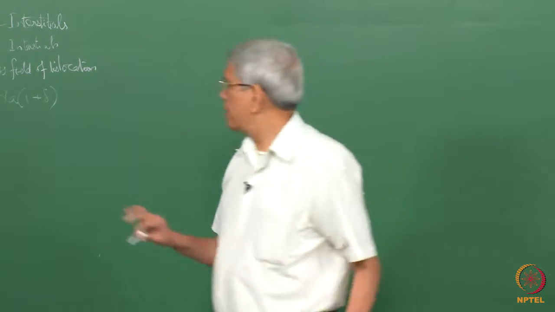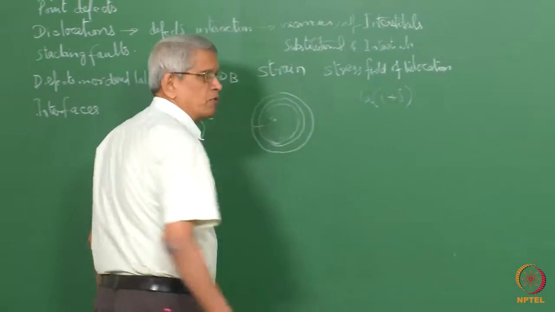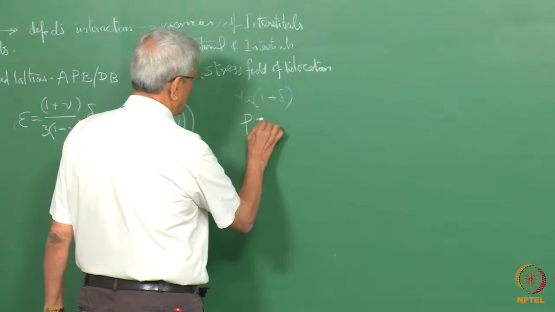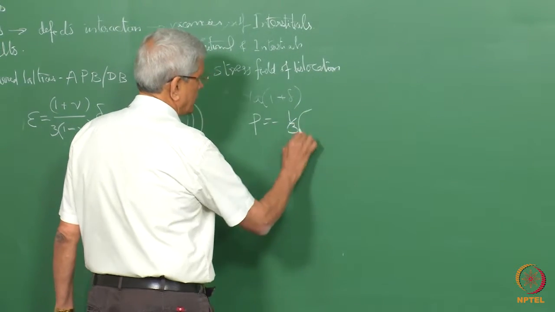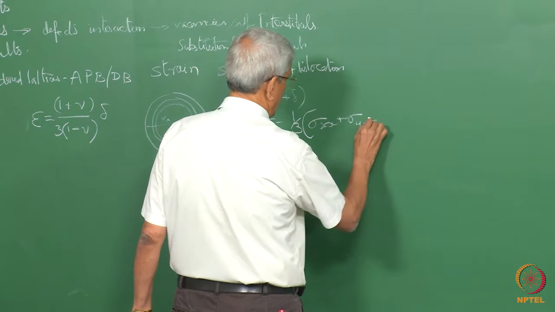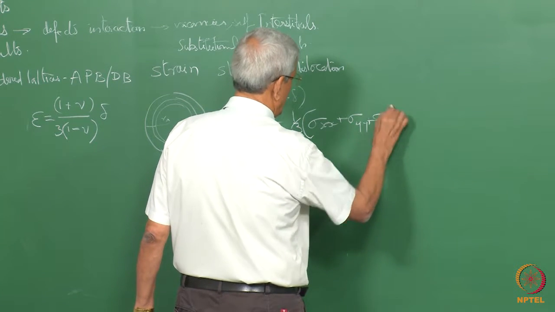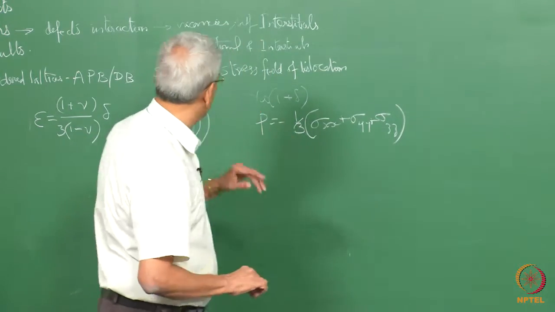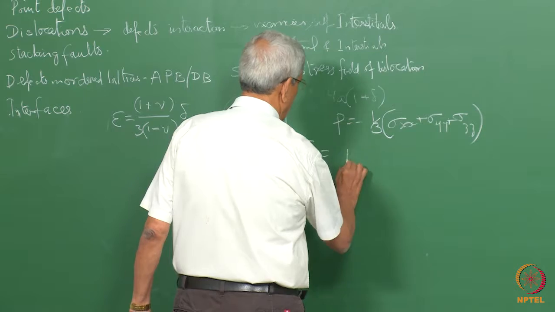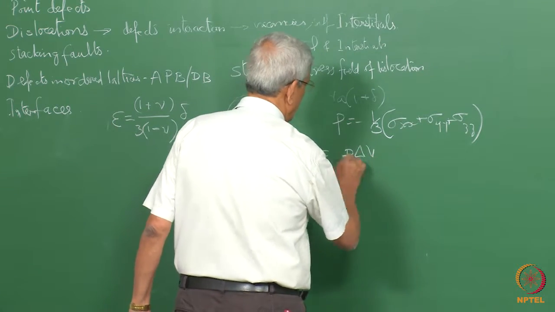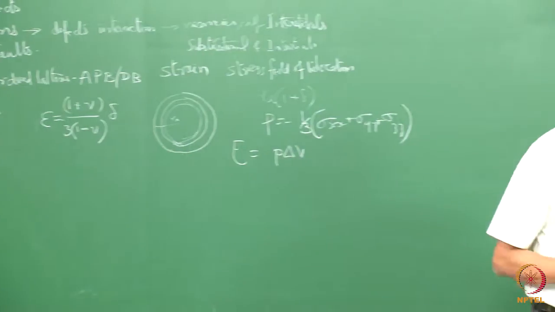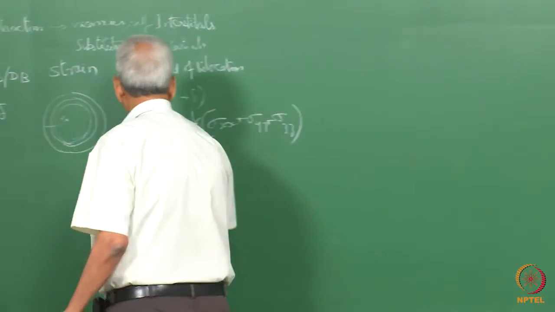The stress could be taken around the whole volume, so the stress P can be taken to be one-third of the sum of the stress components. Then the energy will be P times delta V. This is also an energy term, and this energy is the interaction energy.